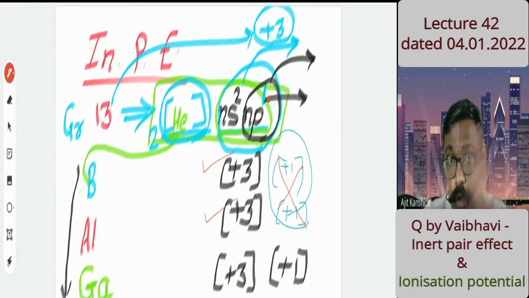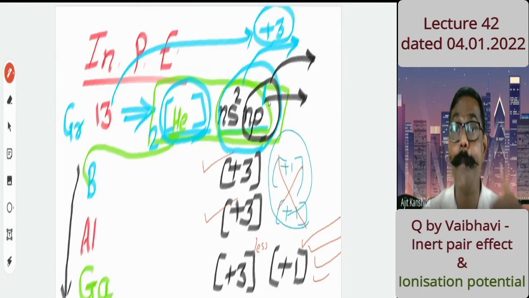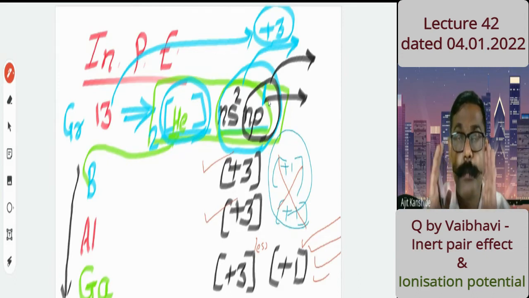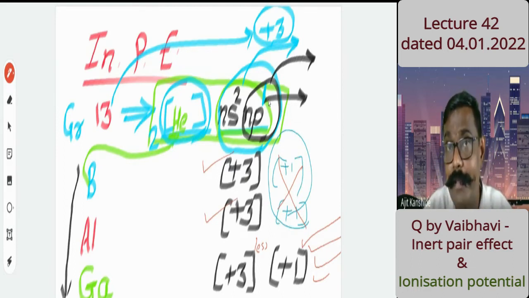But as I go down, the tendency to show plus 3 is less and plus 1 is more. More and more probability will be there to show the plus 1 oxidation state. It is our practical observation. How to solve this problem? How to explain this problem?